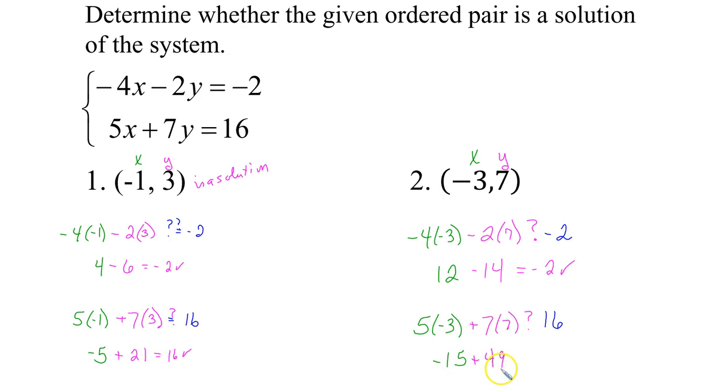Well, negative 15 plus 49 is equal to 34. And 34 is not equal to 16. So this ordered pair is not a solution for this system of equations. So it can work in one equation but not the other, and that means it's not a solution for the system.